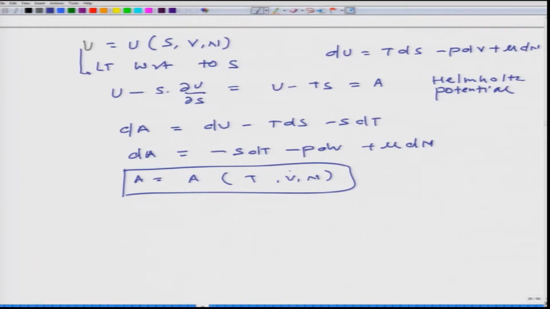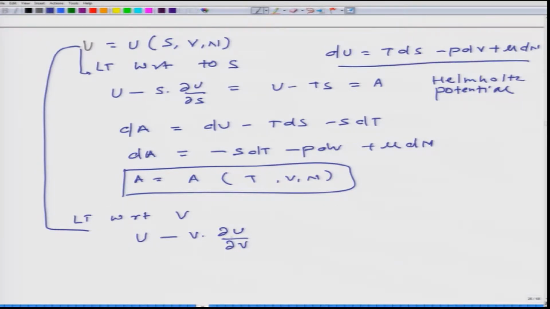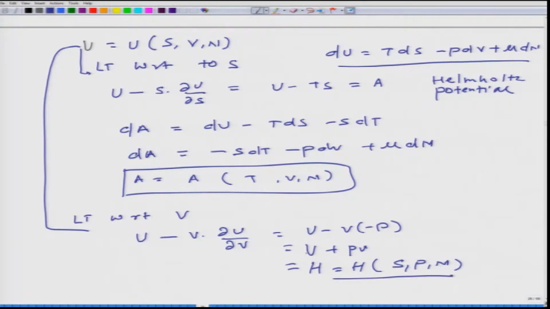Similarly, we can also do the Legendre transformation with respect to V, and in that case it is U minus V times the derivative of U with respect to V. From this expression we know that del U by del V is nothing but minus P. So, this turns out to be U plus PV, and this is nothing but our enthalpy, which is a function of S, P, N. You can see this by taking the differential relation: dH is dU plus P dV plus V dP.